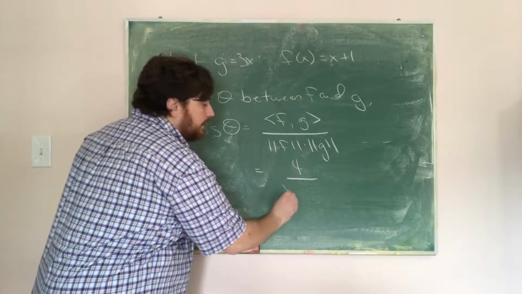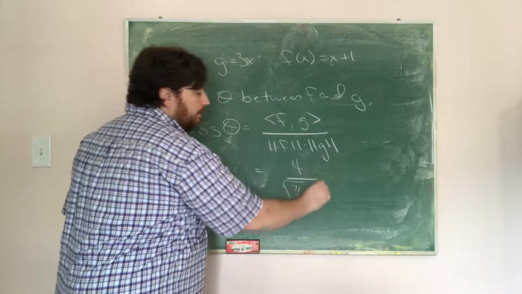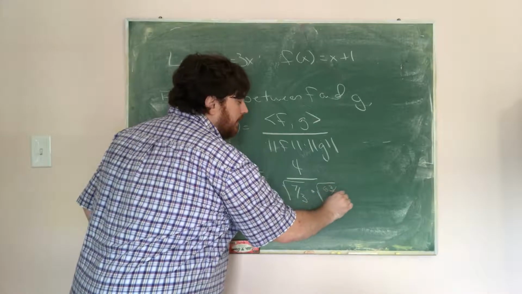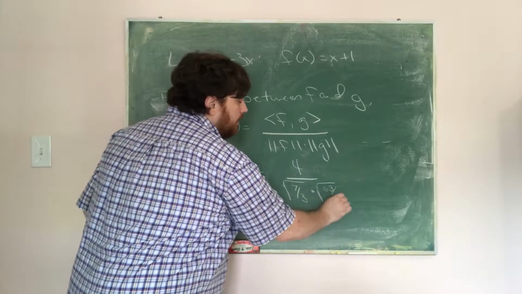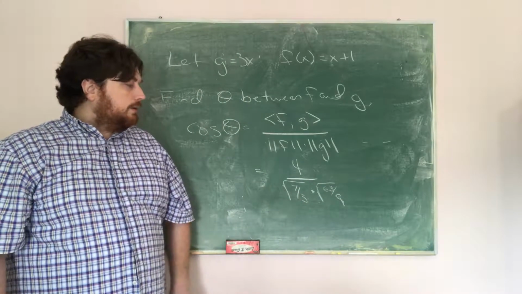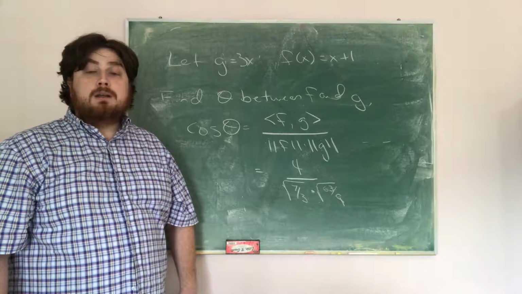The norm of f we said was the square root of 7 divided by 3. And the norm of g was the square root of 63 divided by 9. And so what we get is that cosine of theta is equal to 4 over the square root of 7/3 times the square root of 63 over 9.